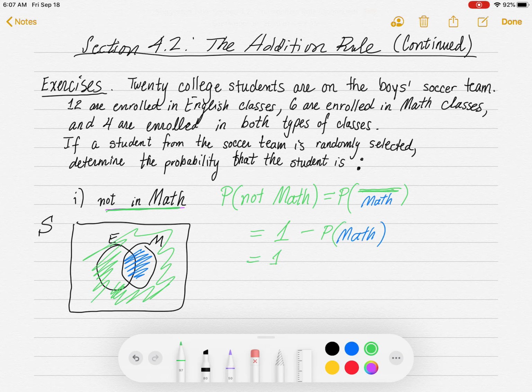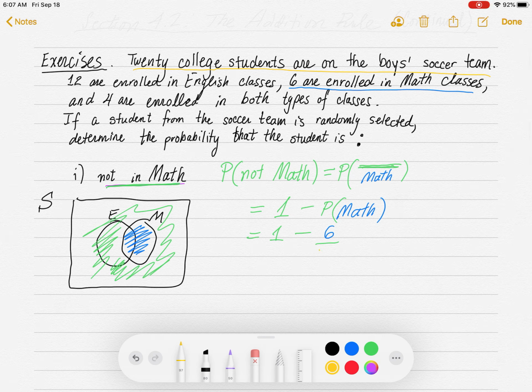So we're going to write 1 minus, what's the probability of math? Well, how many ways can you get a math student? Here you have 6 different ways, right? There's 6 math students. There's 6 ways to get a math student. 6 divided by a total of 20, right? 20 possible students altogether. So the size of your sample space is 20.